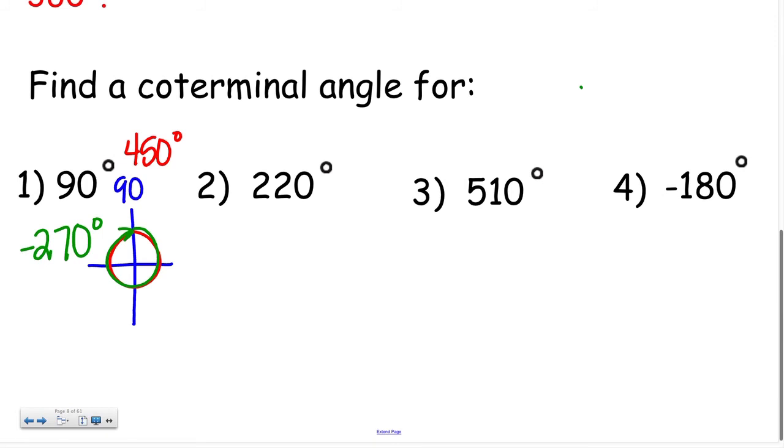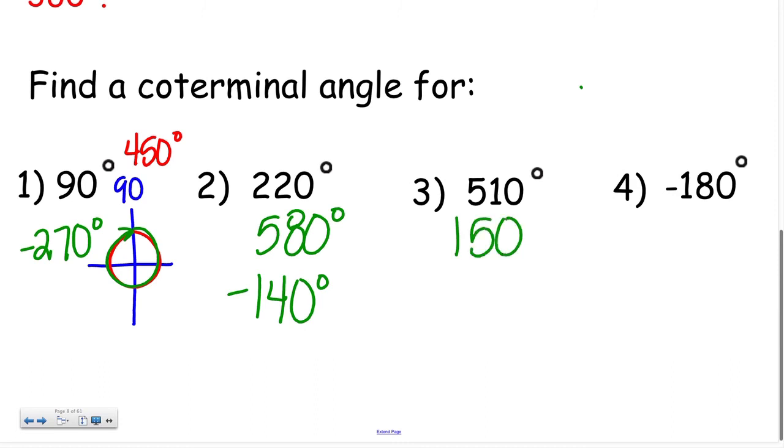So number 2, 220 degrees. If I add my 360, I'm going to get 580, and if I subtract my 360, I'm going to get negative 140 degrees. Number 3, I'm going to have 150 degrees because I subtracted, so there's my subtraction.